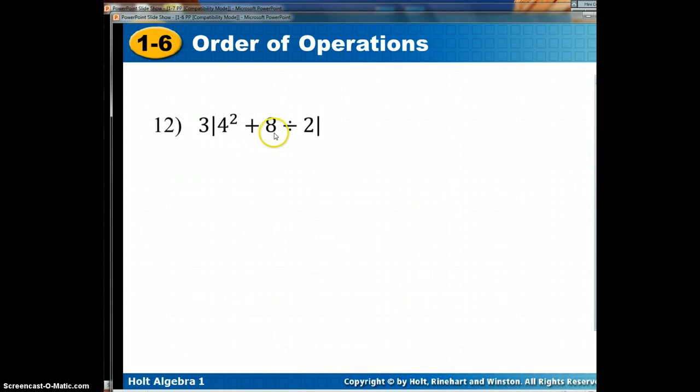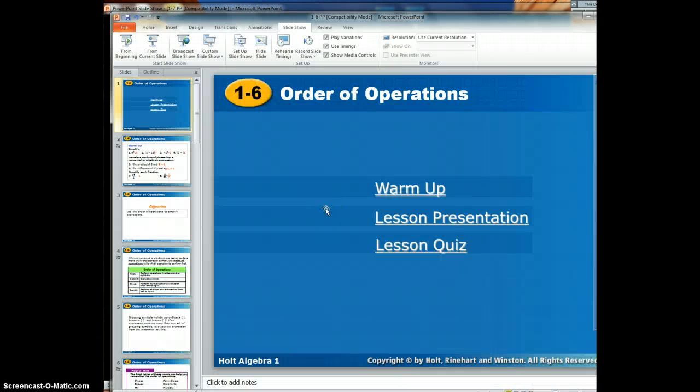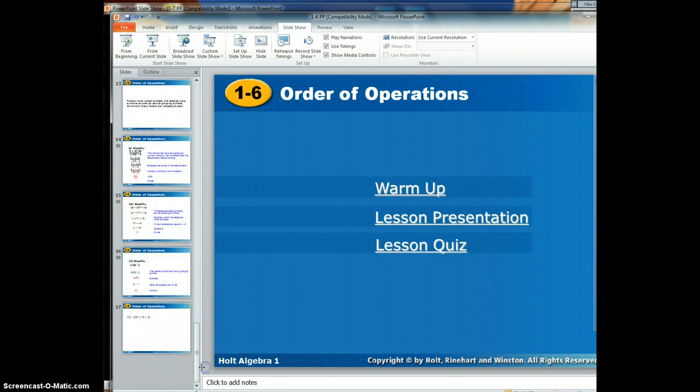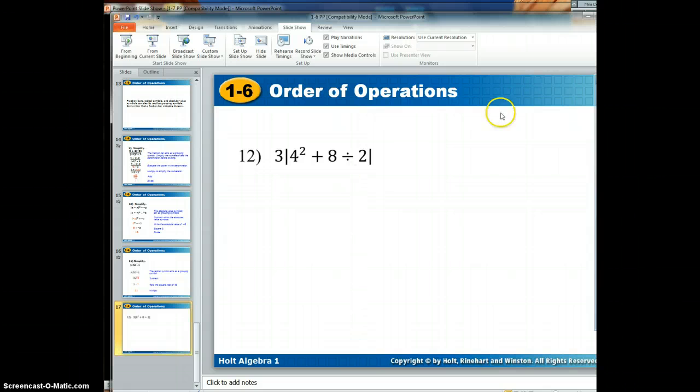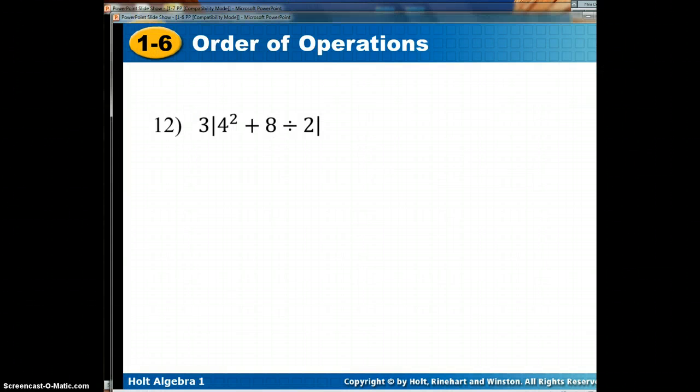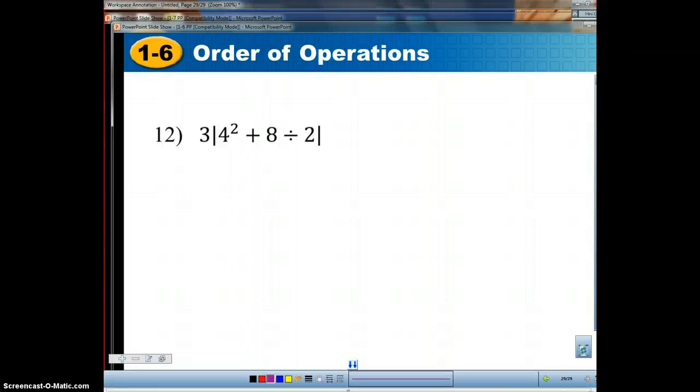Next problem. We have absolute value symbols here. And here we have to do what's inside the absolute value symbols first. Goodness gracious, what happened? So let's go down and look at this problem again. We have to do what's inside the absolute value symbols here. So I have to do 4 squared. 4 squared is 16.